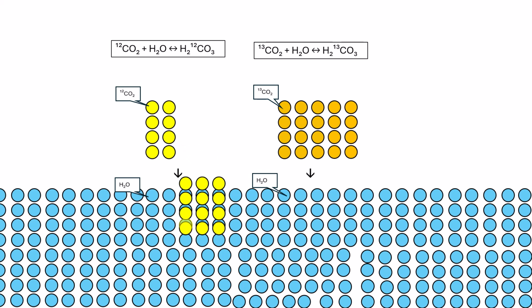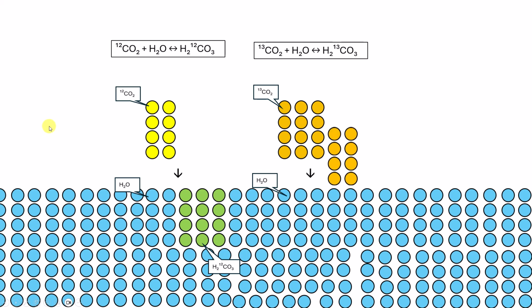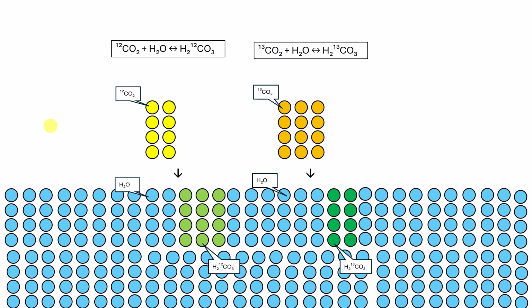And I'm going to react 12 12CO2 molecules with water, leading to 12 H2 12CO3. And do note that the water is infinite here, so that's a change from the previous slides. Then I'm going to react 8 instead of 12. I'm going to react 8 13CO2 molecules, leading to 8 carbonic acid molecules with 13 carbon.